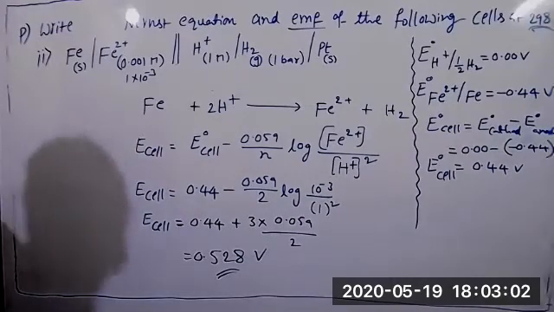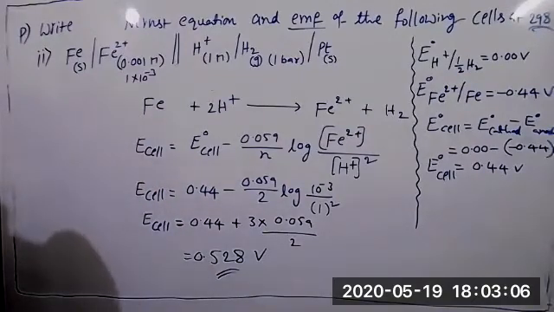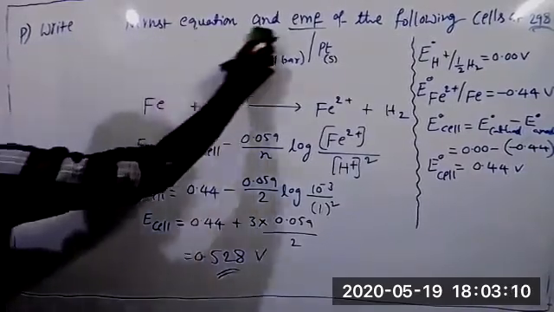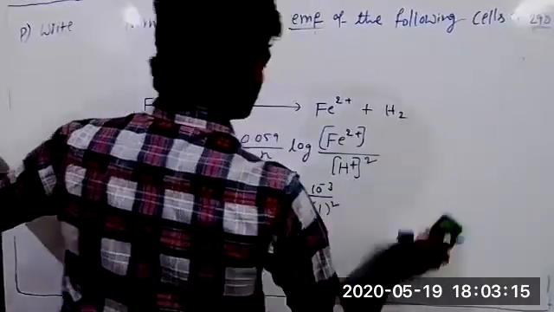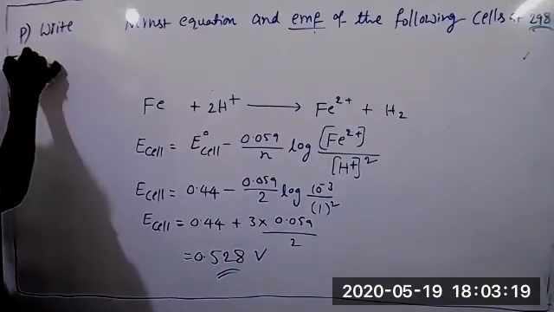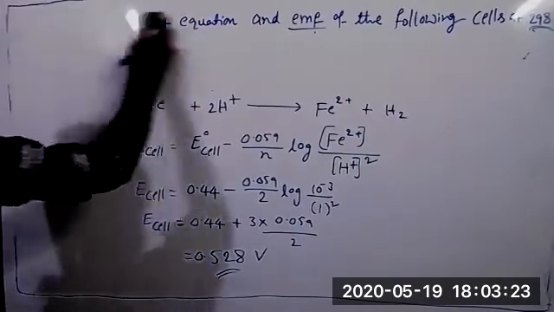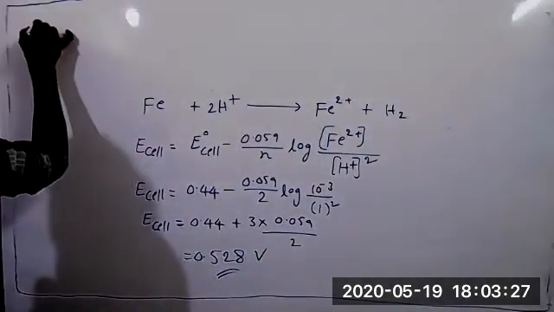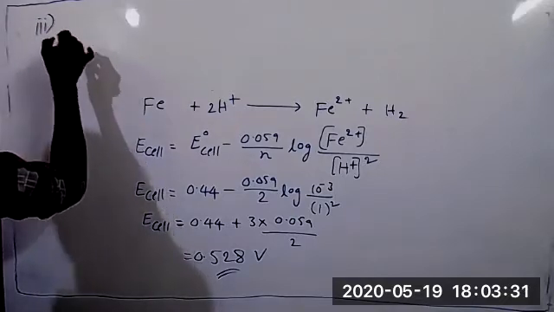Okay. Next, third one. This is a tin and hydrogen electrode.